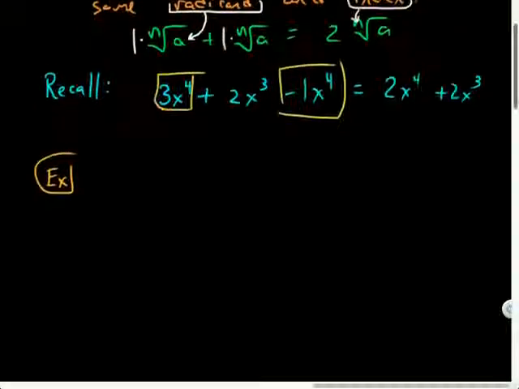I'm actually going to jump right into the last example, so it's going to unfortunately be a more challenging problem, but that's fine. We're going to be awesome at it. 2 square roots of 20 minus 2 square roots of 45 plus 3 square roots of 80. Now, question.